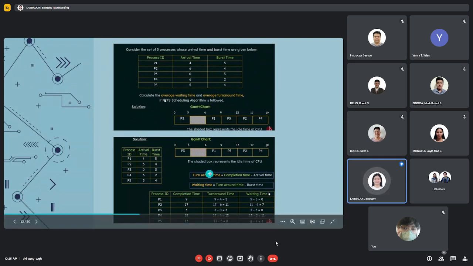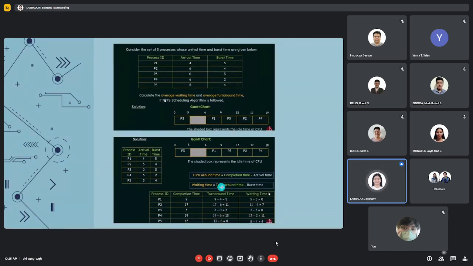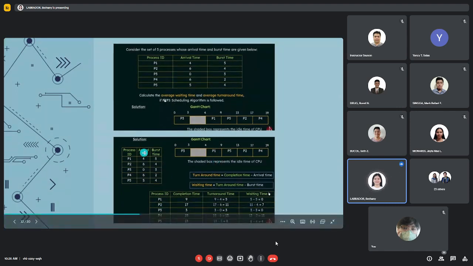Now our question was to find the average waiting time and average turnaround time. So we are going to calculate the average waiting time and turnaround time for this set of processes. First, these are the formulas that we need to apply.